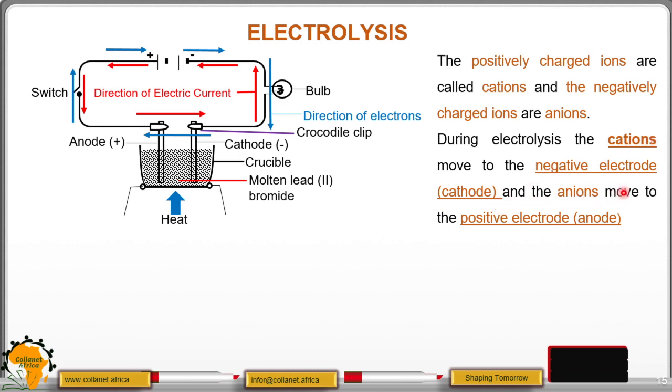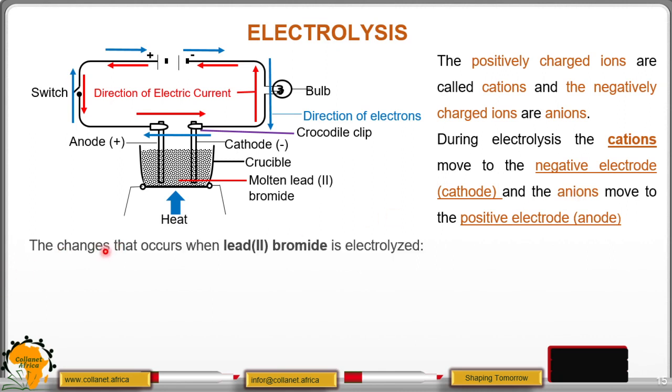The anions move to the positive electrode, the anode, which we know is positively charged, therefore anions are the negatively charged ions.